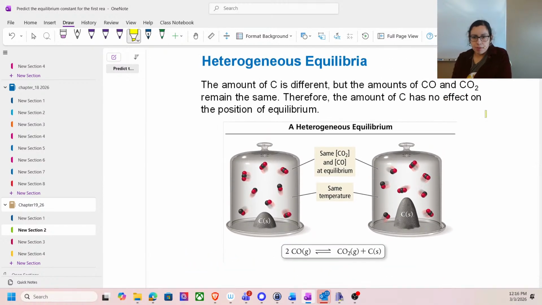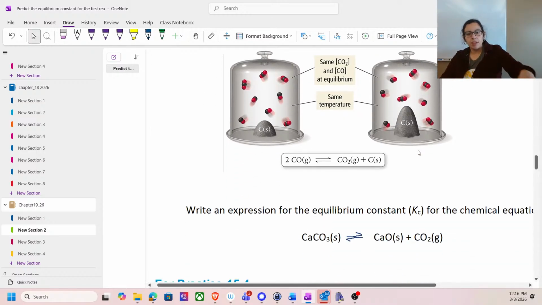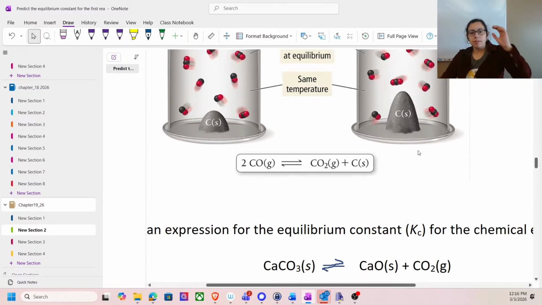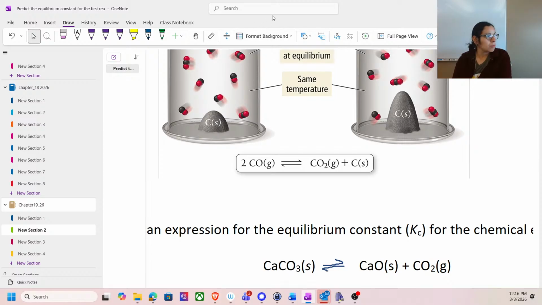Our amount of carbon does not affect our equilibrium, but rather the gaseous concentrations do. Here it's just showing the reaction, but then our equilibrium expression would only have our CO2 over our CO squared.